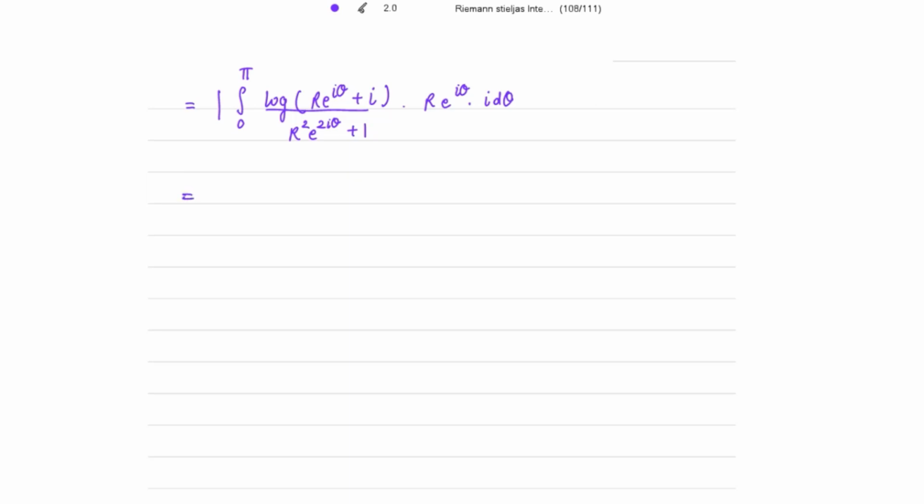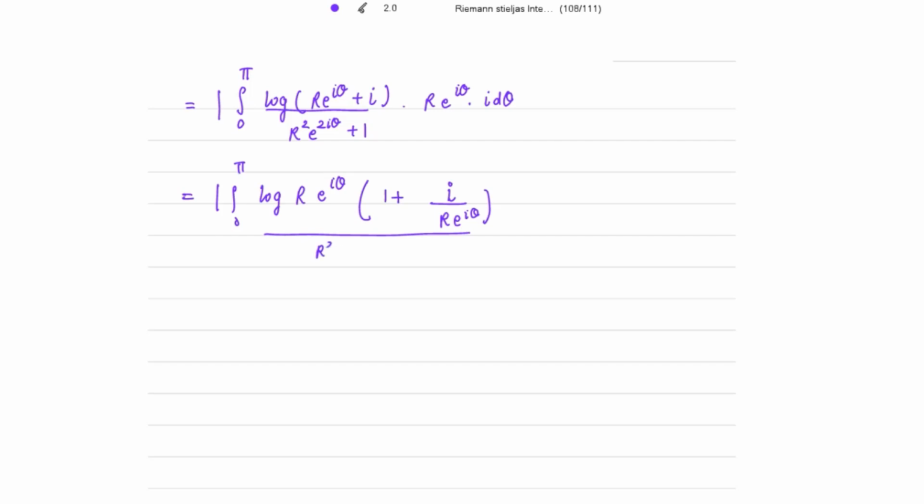Next step is mod, 0 to pi. Alright, this is log of R e to the power iota theta into 1 plus 1 over R e to the power iota theta, because I have taken R e to the power iota theta outside, and this will then be iota over R e to the power iota theta, right?